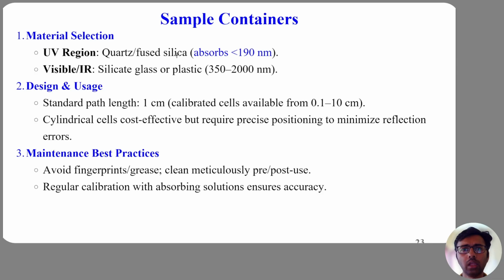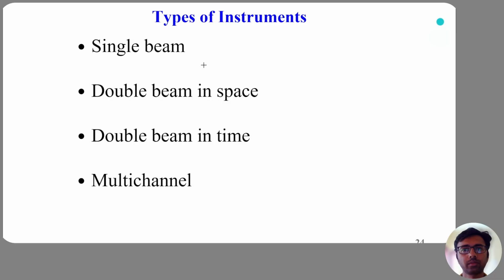Let us now see how all components combine into a complete instrument. Now that we understand the individual components, we must study how they are integrated. Spectrometers are classified according to their optical architecture.